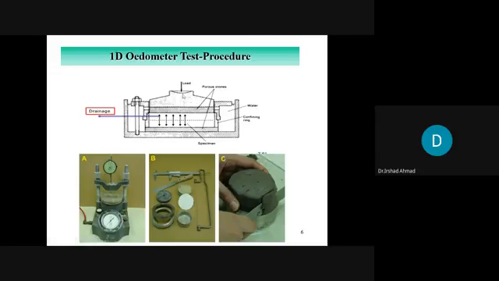On top and bottom of this specimen, we keep filter paper. We put filter paper, and then on top and bottom of it, we take porous stone. So this soil specimen is sandwiched between two porous stones, one up and one below. This is porous stone.